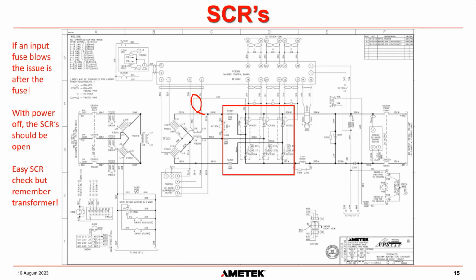When we switch this other SCR on here, that gives us a path between this point here and this point here, so it would be a direct short across A and B phase. That would cause either this fuse to blow or this fuse to blow.